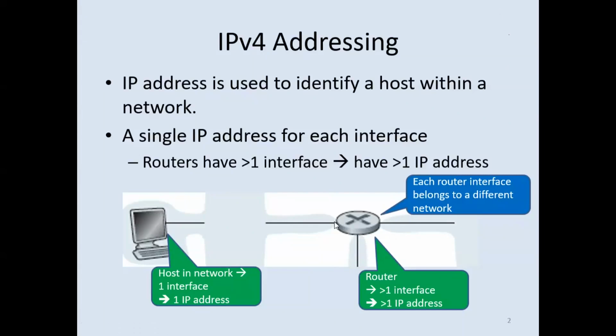Okay, so because this interface belongs to this subnet, it has to have an IP address for this subnet, and this interface belongs to this subnet down here, so it has to have the IP address that belongs to that subnet, and so on. So in this particular case, because this router has three interfaces being used, it has three different IP addresses.